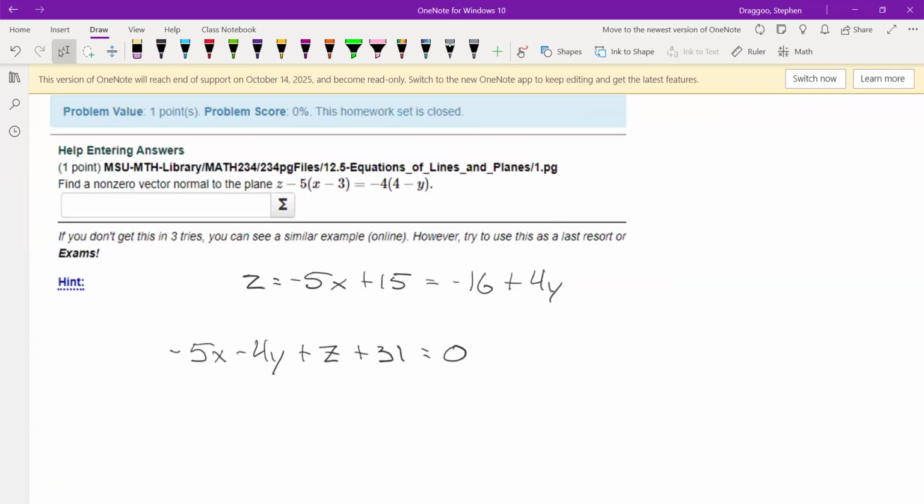Because from here, I can pick out my normal vector. It should just be the coefficients on x, y, and z. So my normal vector, I'll call it n, is -5, -4, 1.